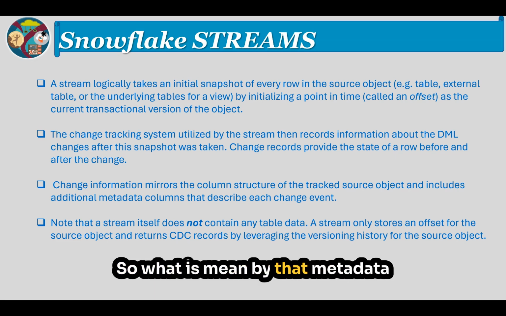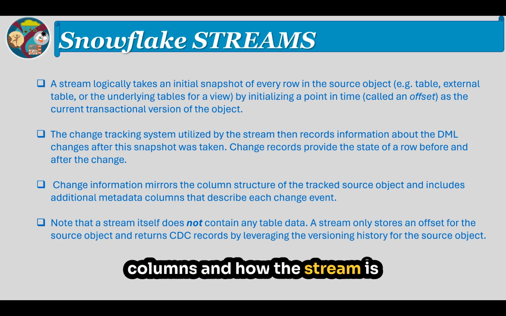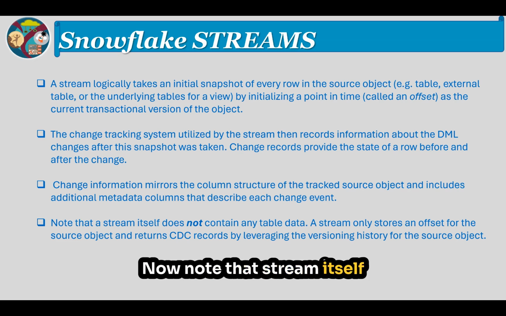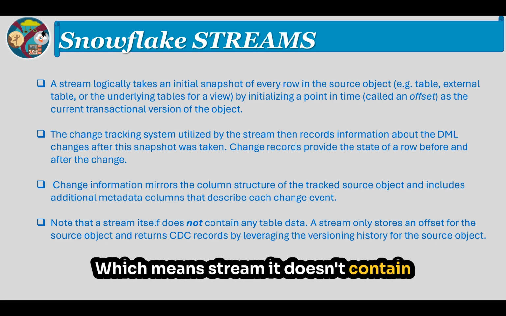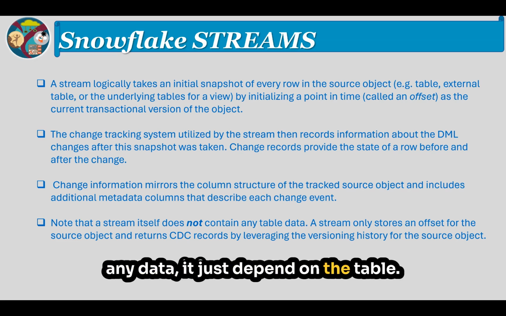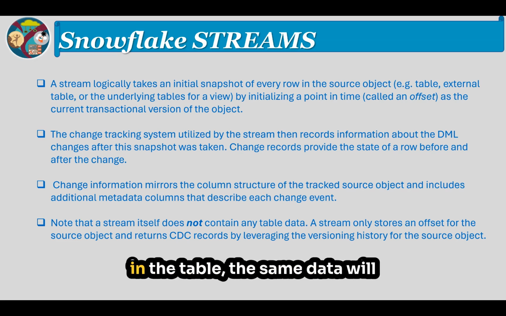What those metadata columns are and how the stream looks, we'll see in the next slide. Note that the stream itself doesn't contain any table data; it just depends on the table. Whatever data is present in the table, the same data will be mirrored into the stream with additional metadata columns.